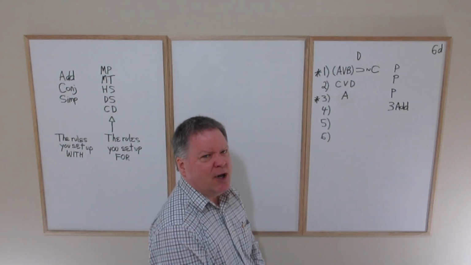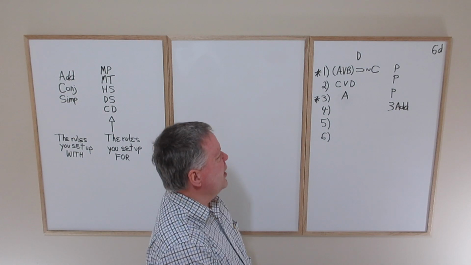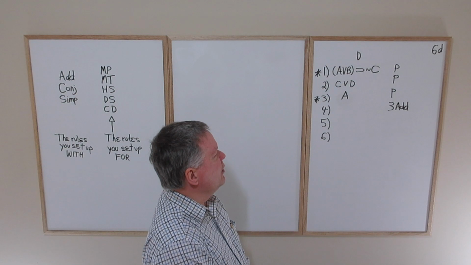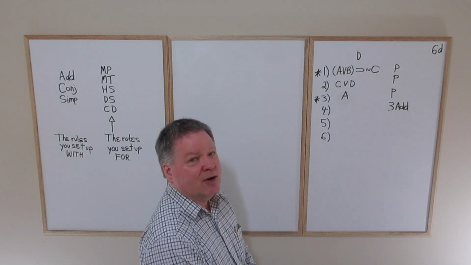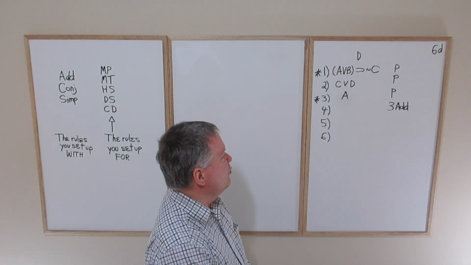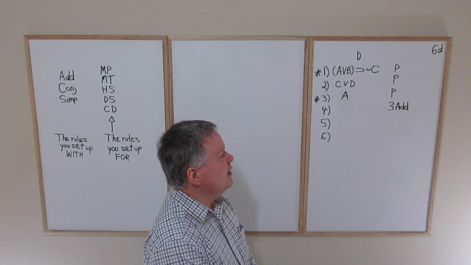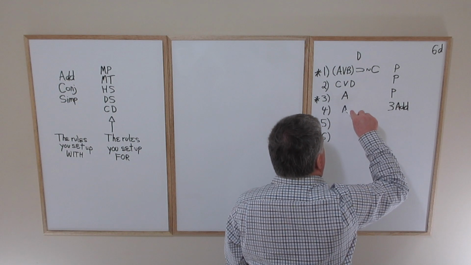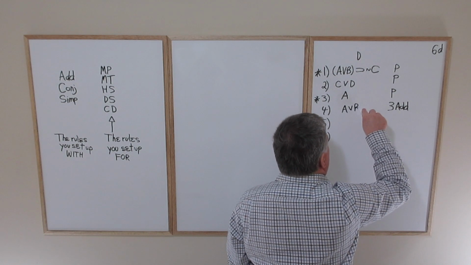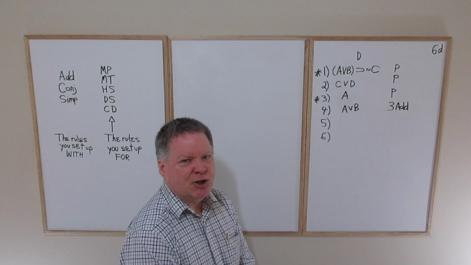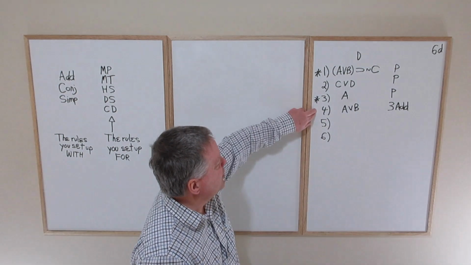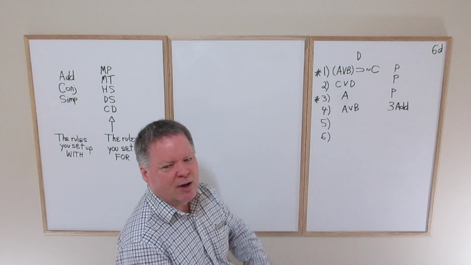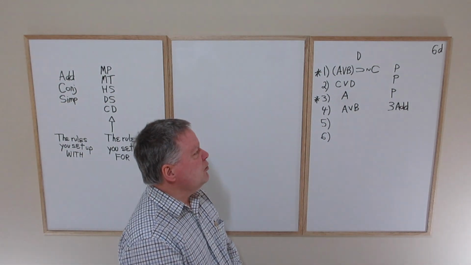Lines 1 and 3 don't satisfy the modus ponens requirements. We have to have the exact antecedent of that conditional to do modus ponens. We don't have that in line 3. We can get that in line 3, though, by doing this particular addition. So of all the potential addition steps we could have done, this is the one that's actually going to be useful.